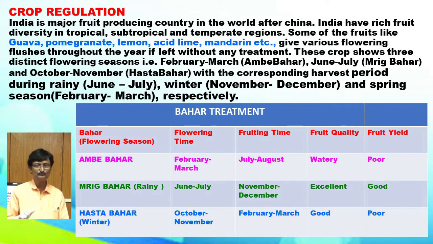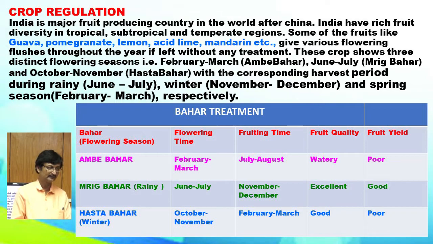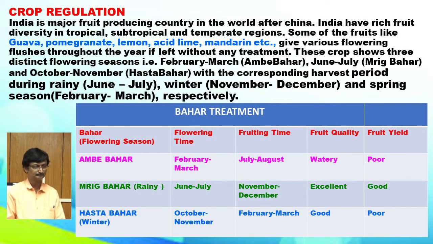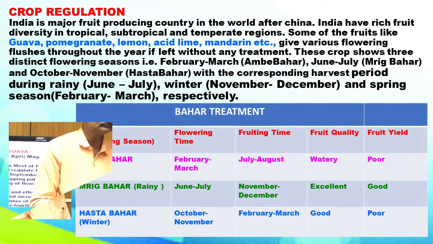So this is the main principle of crop regulation, to avoid all the flushes and to take only the superior flowering flush, that is Bahar. So in case of guava, the winter crop has been found excellent. So we will see how it is conducted.